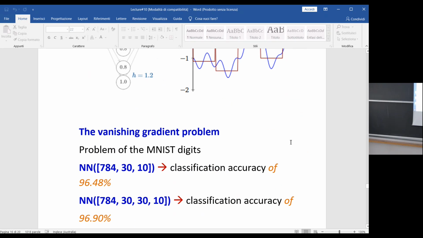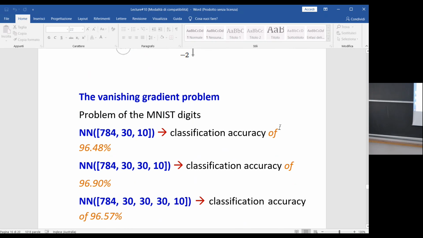Then also one can observe the vanishing gradient problem.